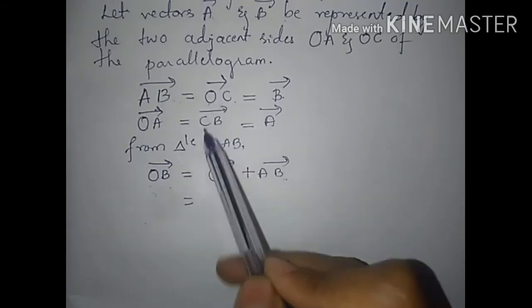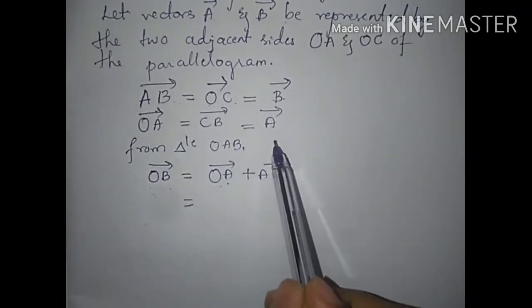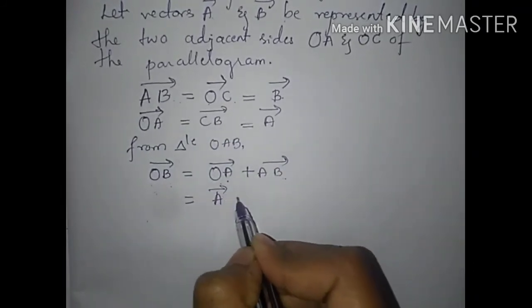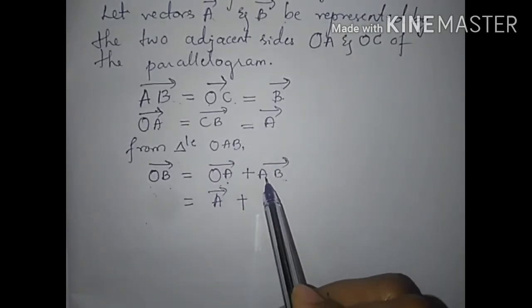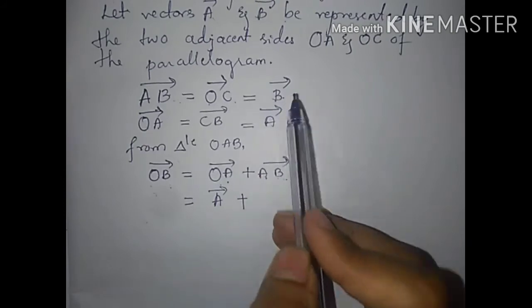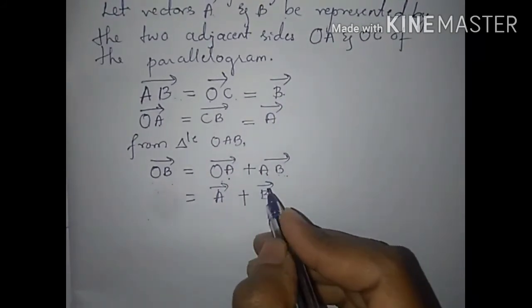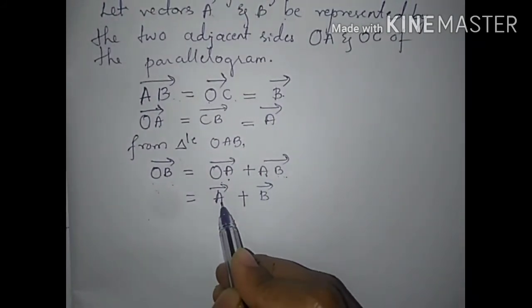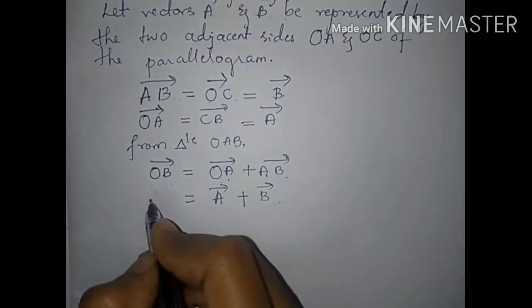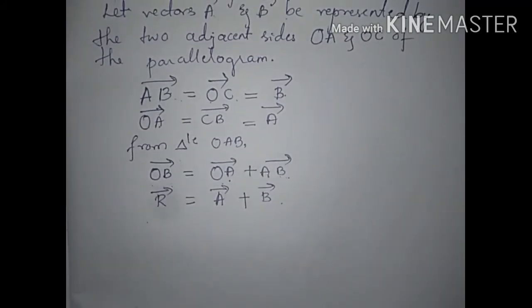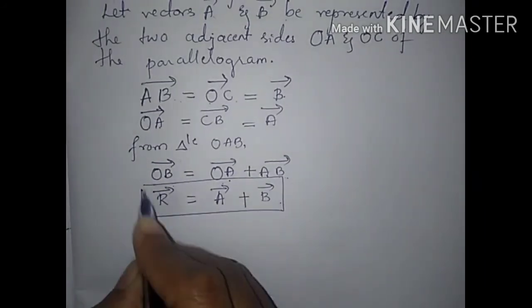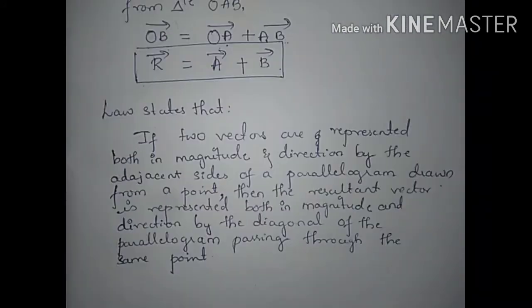Now from the above data you know OA is equals to vector A, and AB is equals to vector B. So you have vector A which is added to vector B, and this forms the resultant vector. So this is the parallelogram law of vector addition.